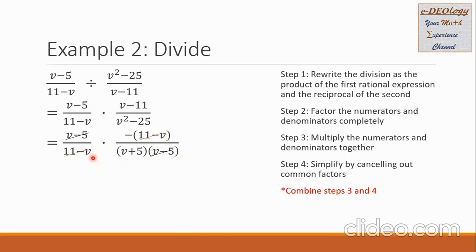And when we collect the remaining terms, take note, there is a negative sign there, so we will put here minus 1 over the remaining factor in the denominator, which is v plus 5. So our final answer is negative 1 over v plus 5.